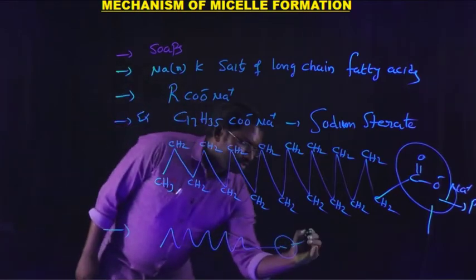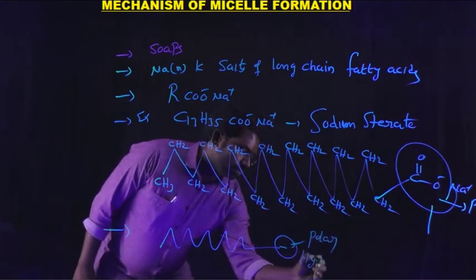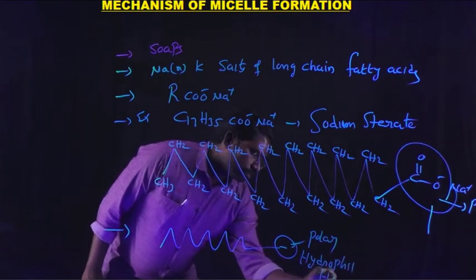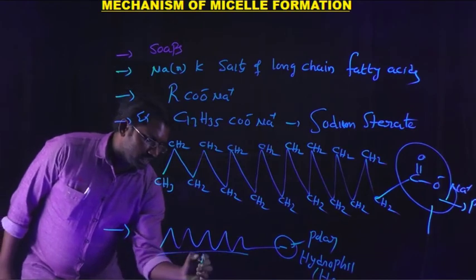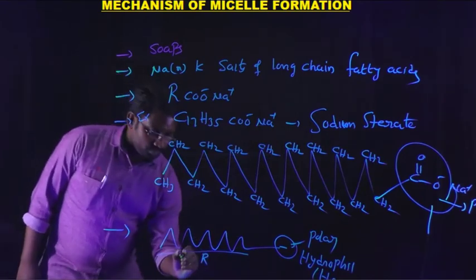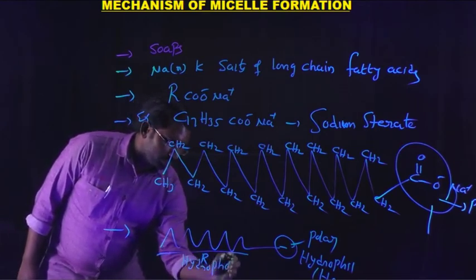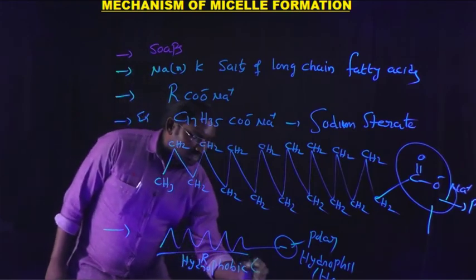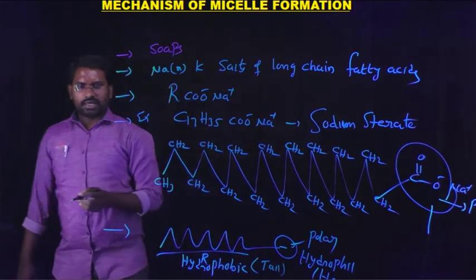This is the polar group, the hydrophilic part, the head part. The alkyl chain, C17H35, is the hydrophobic part, and this is the tail part. This is the representation of the stearate ion.